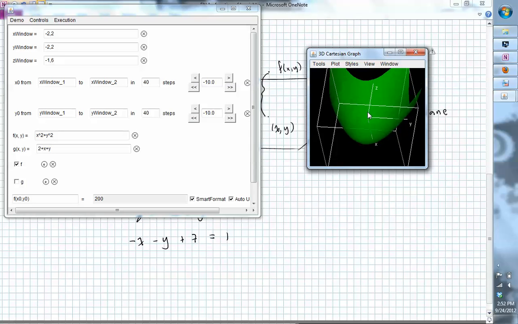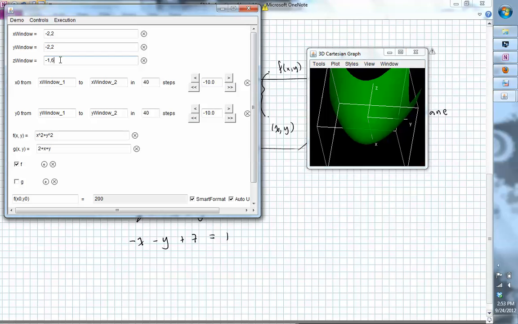These X, Y, Z coordinate axes are really just telling you the directions of positive x, positive y, and positive z. That corner down there where the three lines meet is not the origin. That is not 0, 0, 0. You could make it 0, 0, 0.